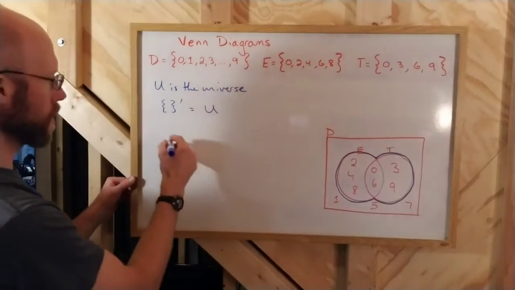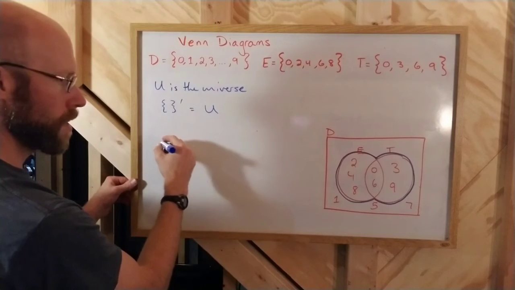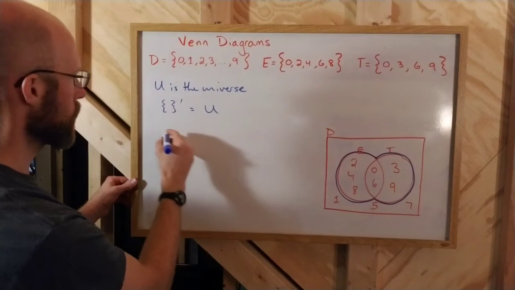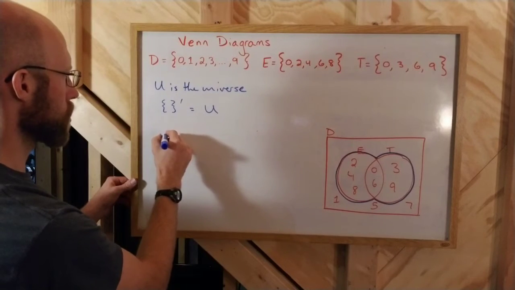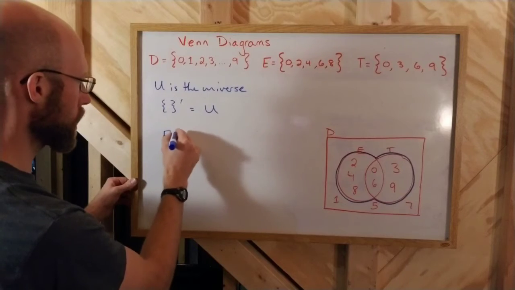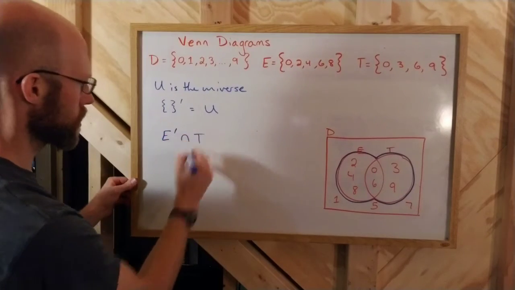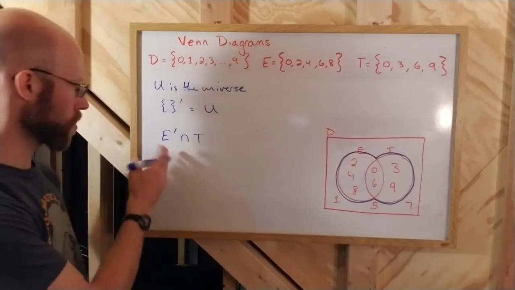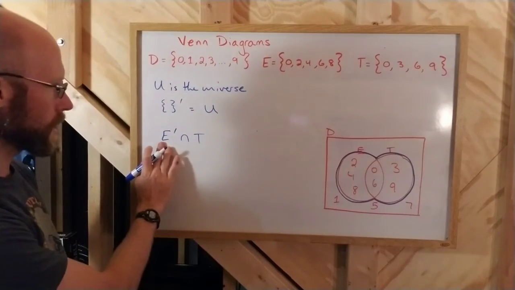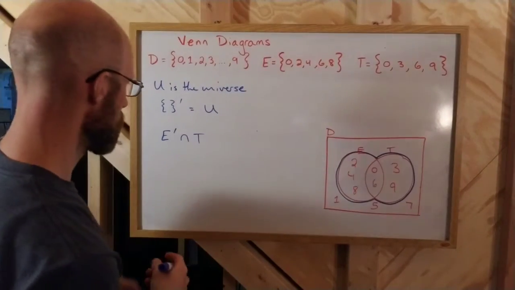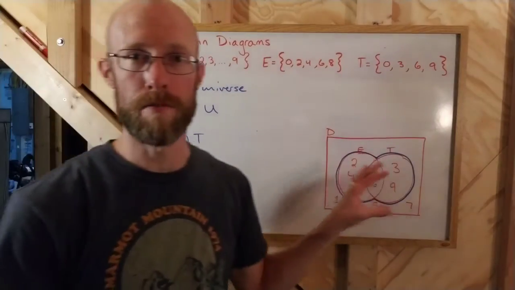Also, let's say in this example here, if we intersected some complements, let's do something like E complement intersect T. It's kind of an interesting one. You find the complement of E and then intersect that with T. Sometimes you can do that right off the Venn diagram.